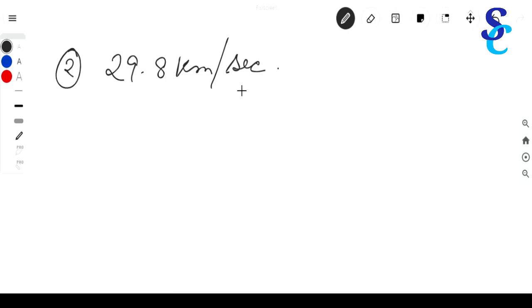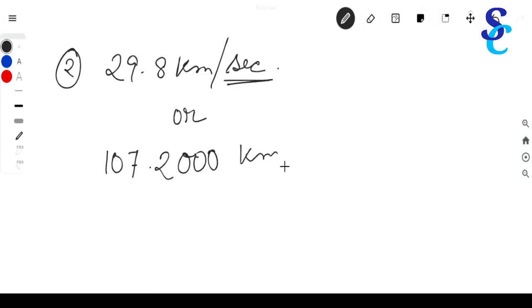It is 29.8 kilometers per second, the speed of the earth. Or if you see it otherwise, it is 107,200 kilometers per hour. This is the speed of the earth to revolve around the sun.